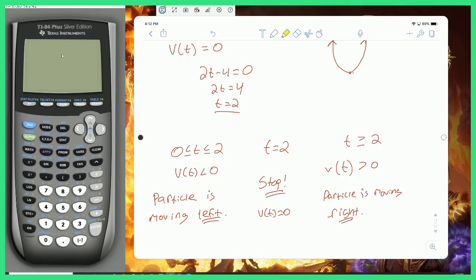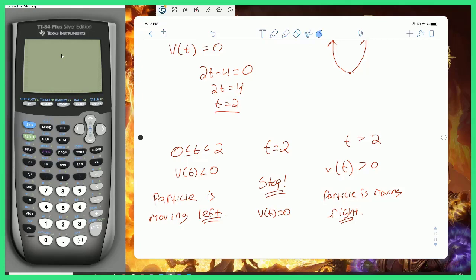And actually, one quick edit, I should be careful including these equal to signs here, because exactly at 2 we're stopping, of course, so we're not really moving right or left. So I'm just going to get rid of those equal signs here. The equal sign on 0 is not a problem, just because it's the start of my example, and I'm going to start moving left right there.